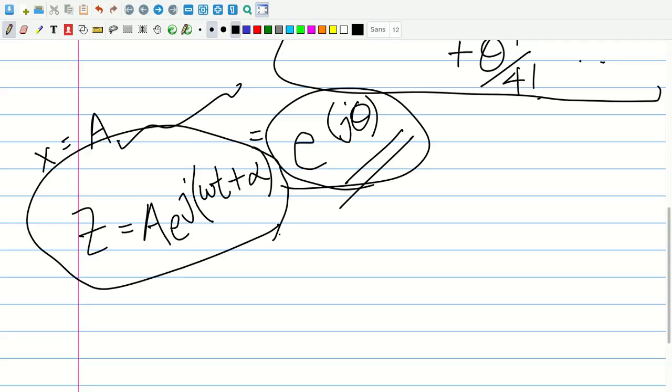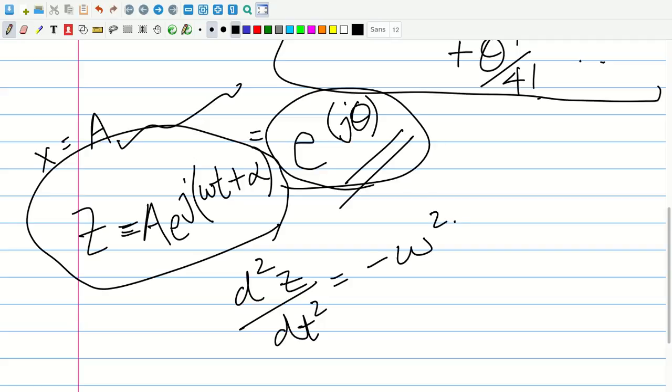That's essentially our notation for periodic motion. And so now we do double derivatives with respect to time on z, or z if you're American, instead of just your x coordinate. So you end up getting negative omega squared times z.